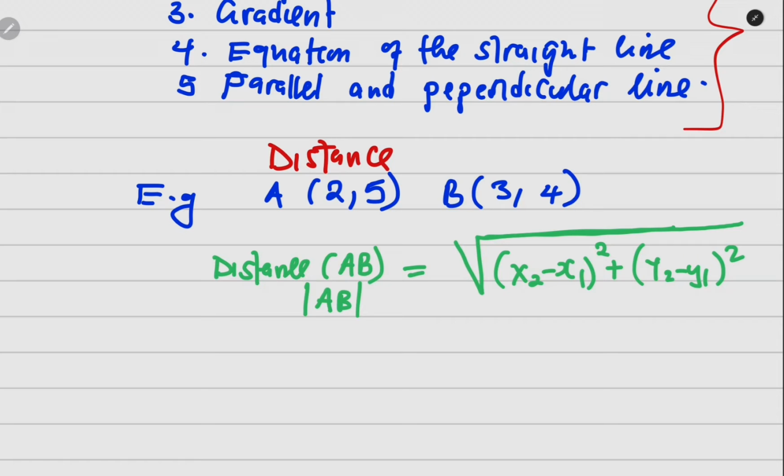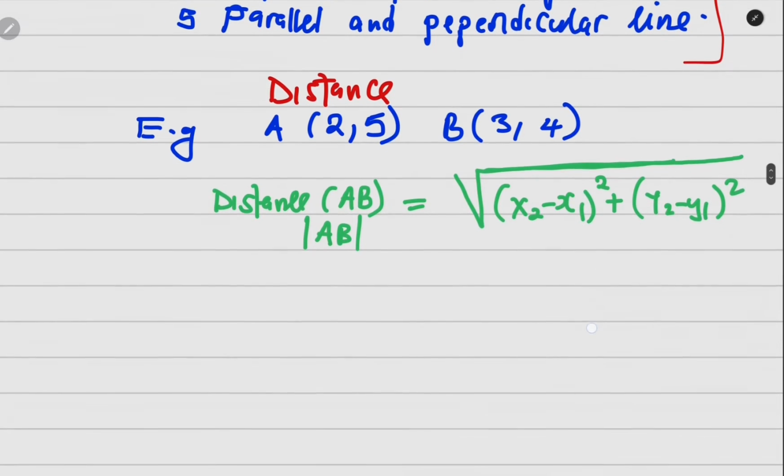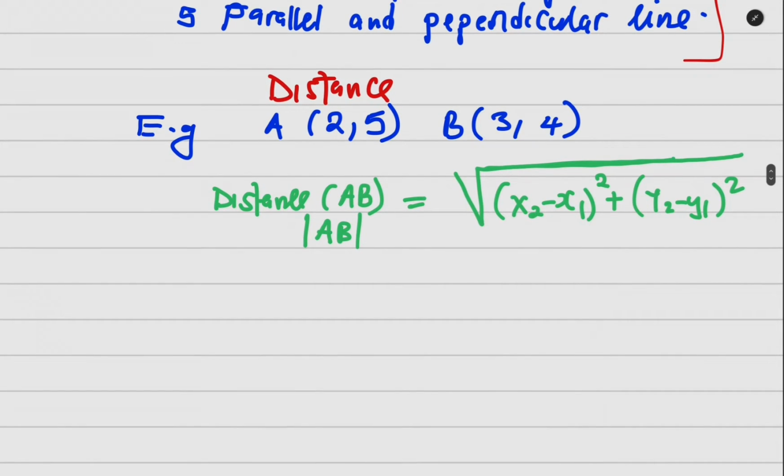This is the formula for the distance between 2 points. Now here we have 2 points. For these, we label this one as x1, this one as y1, this one as x2, and this one as y2, following the order of the letters in the alphabet. Let us try and find the distance.